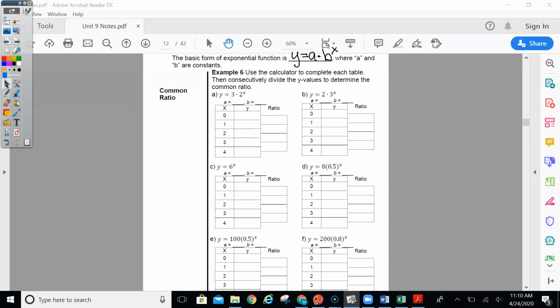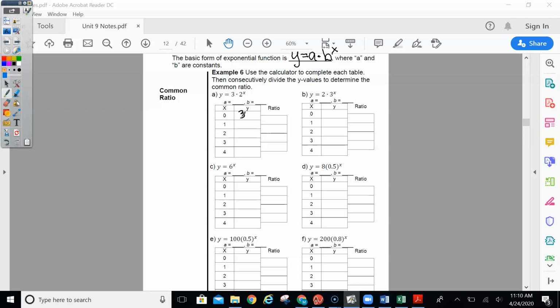I will type a few in the calculator, but then I'm going to do some by hand. For example, this first one I'm going to do by hand by plugging in, but as we get to these decimal ones, I will plug those in the calculator. If we plug in 0, anything to the 0 power is 1, so 3 times 1 is 3.